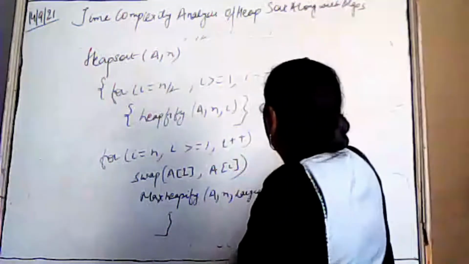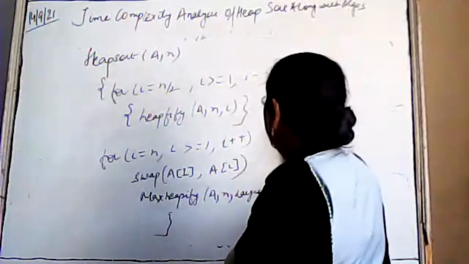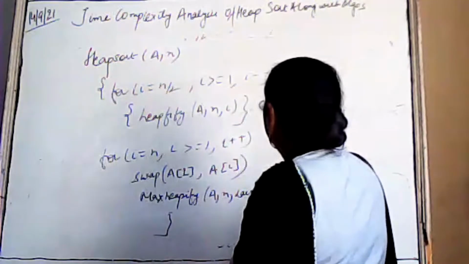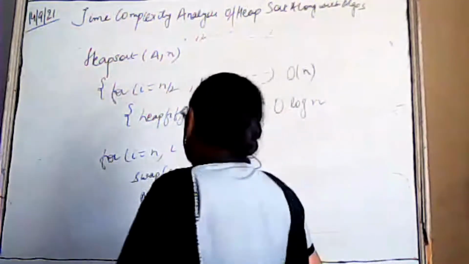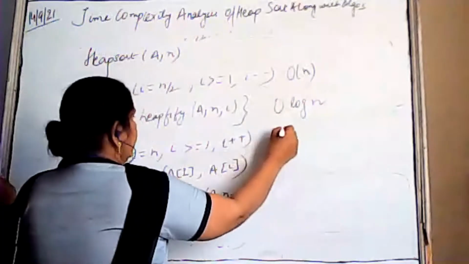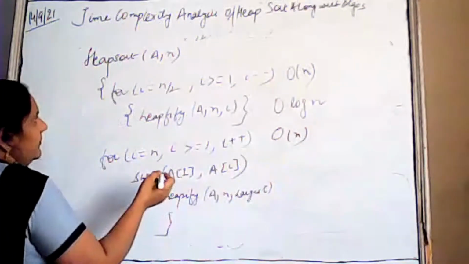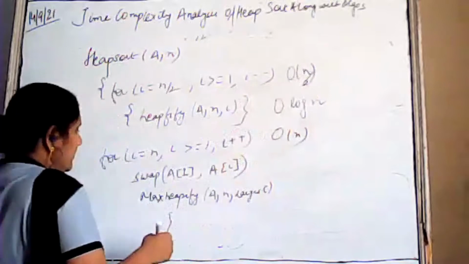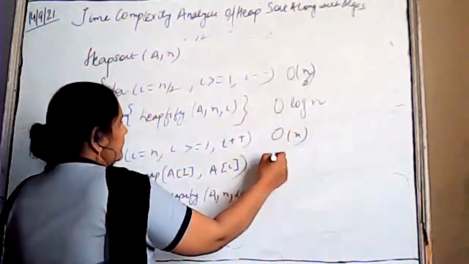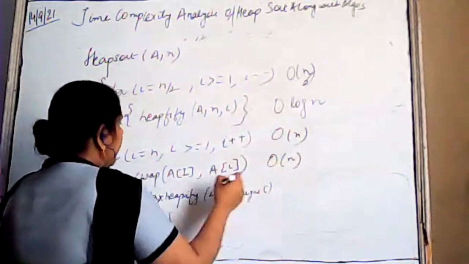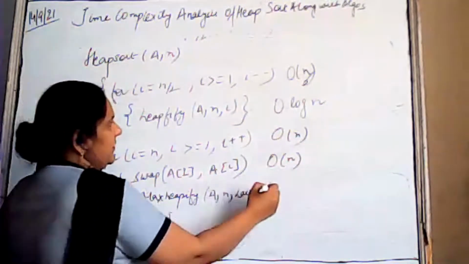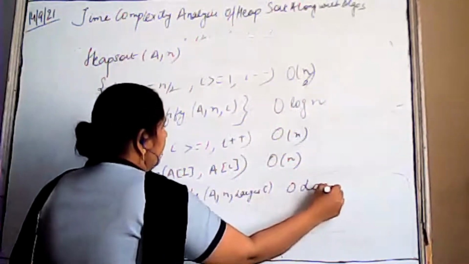See, again I told you this will take order of n time. This will take order of log n time. This is again n times, or n by 2 times. So n times the statement will work. This is order of log n.